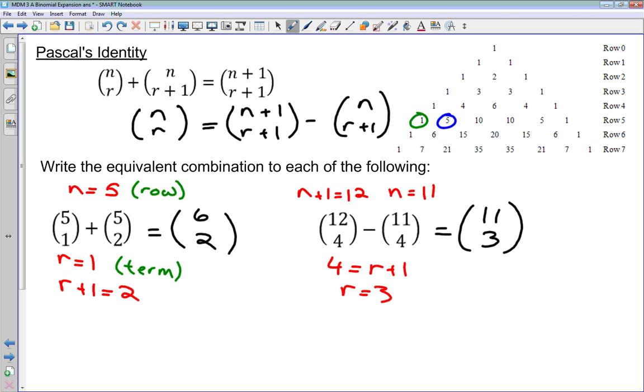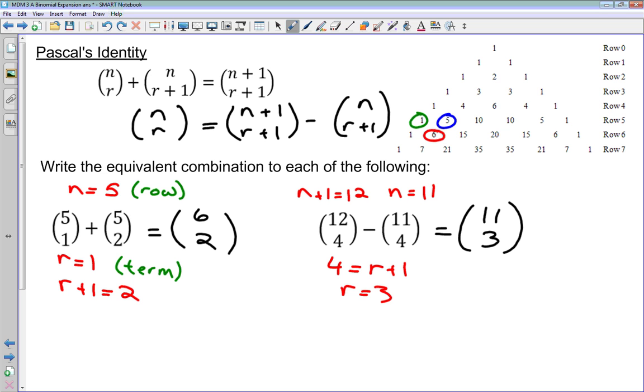Our third combination, over on the other side of Pascal's triangle, is the sixth row, second element. So the first element plus the second element in the fifth row should equal the second element in the sixth row.